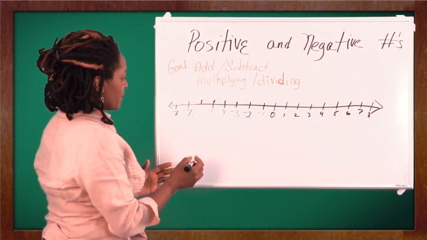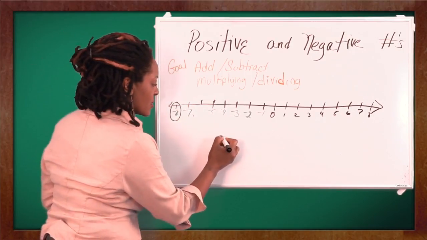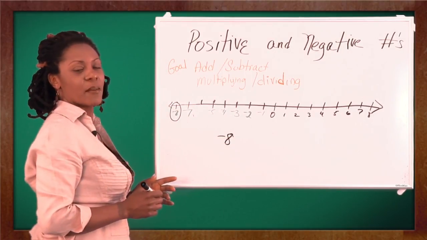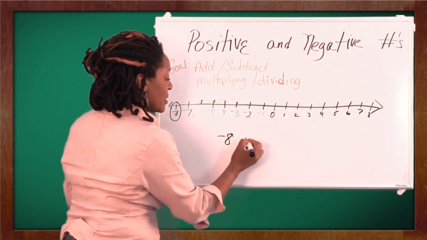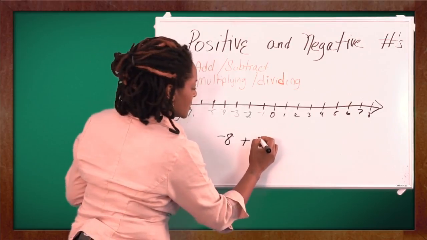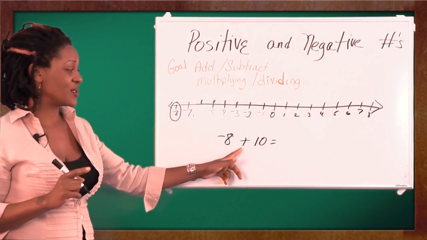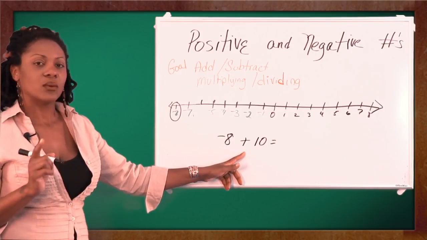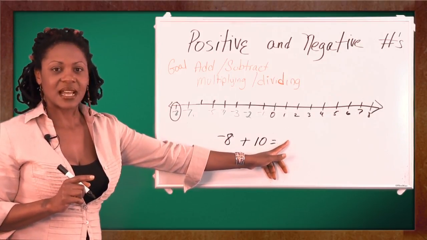Let's say we were at -8. So there's the first portion of our math problem. -8 plus 10. Now again, we're still using the addition function. And what's our rule? The larger number takes the sign over.